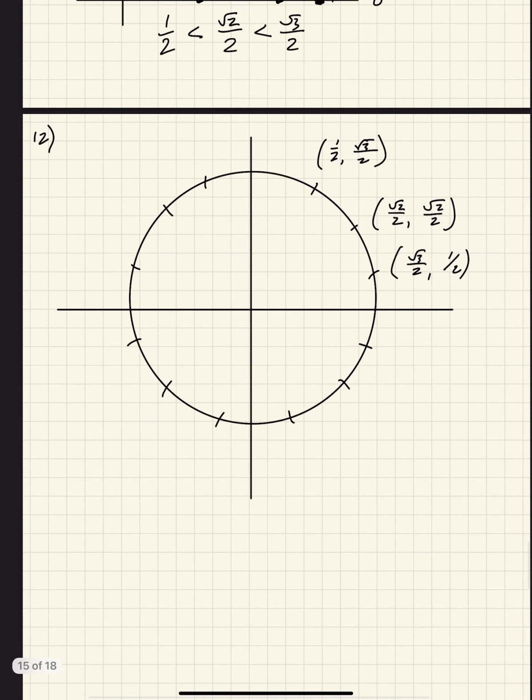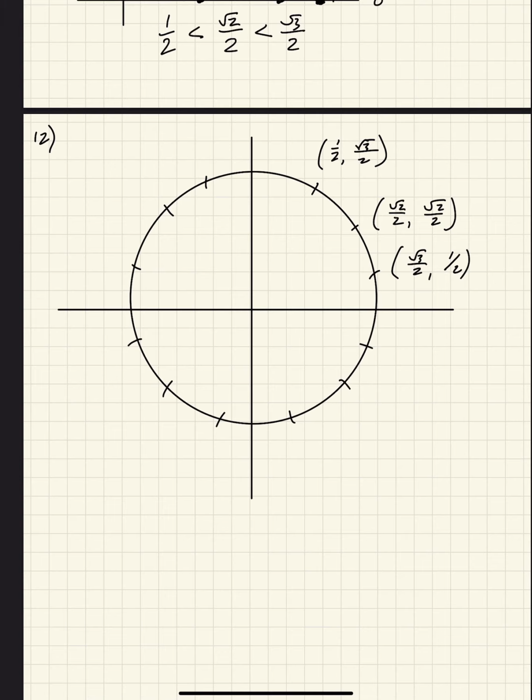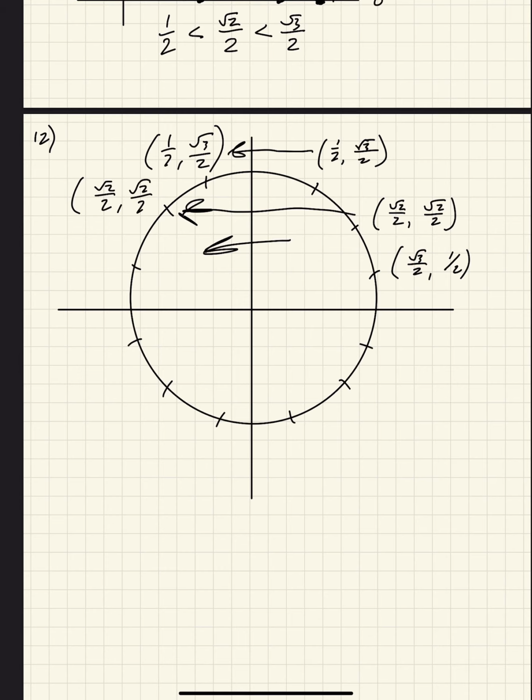So here we have another unit circle, and I've filled in just quadrant 1. And I want you to imagine that we flip this first quadrant onto the second. What's going to happen is this value is going to overlap over here. It's going to become 1/2, root 3 over 2. This value is going to come here to make this root 2 over 2, root 2 over 2.